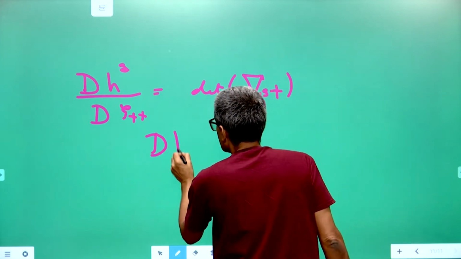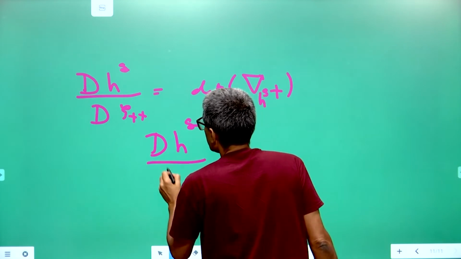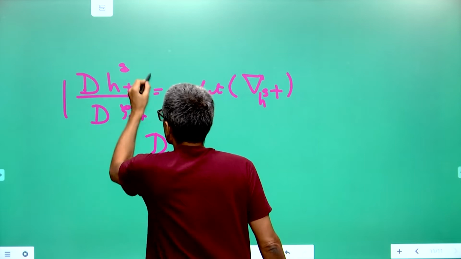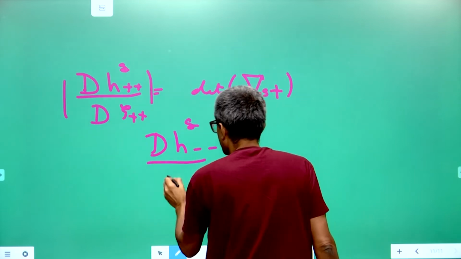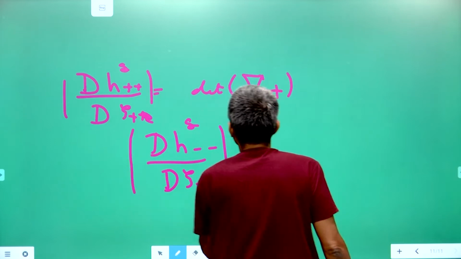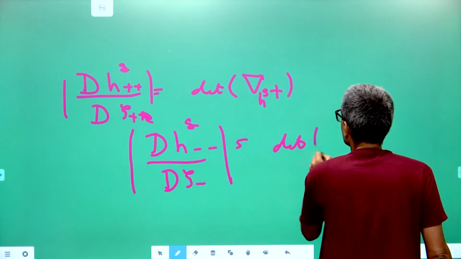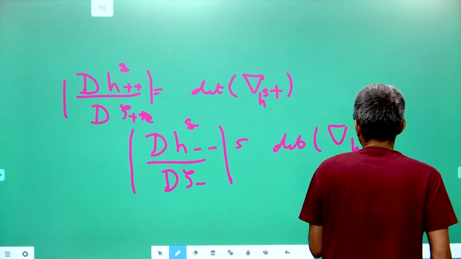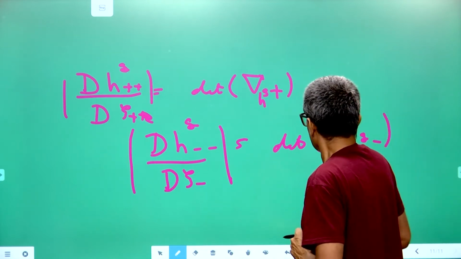Likewise, d of h^g minus minus by d xi minus minus is nothing but the determinant of del minus evaluated at h^g.